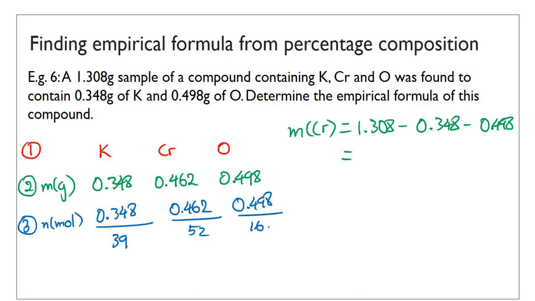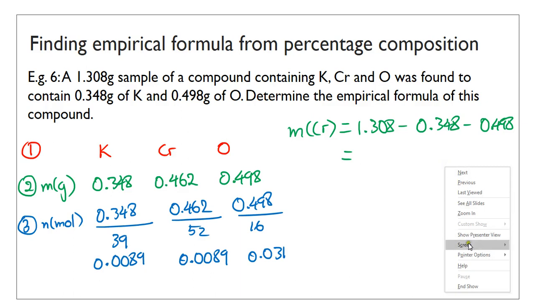We're going to have 0.0089, and then 0.498 divided by 16 is 0.031, and 0.348 divided by 39 is 0.0089 again. So 0.0089 is going to be the smallest number of moles.